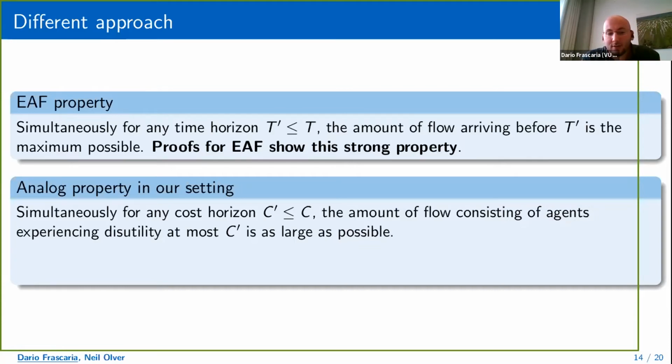An analogous property in our setting would be the one that says that simultaneously for any cost horizon C prime, the amount of flow consisting of agents that pay at most C prime is the largest possible. But unfortunately, this does not hold. We have a counterexample for that. And this implies that we have to use a different approach to prove the optimality of our flow.